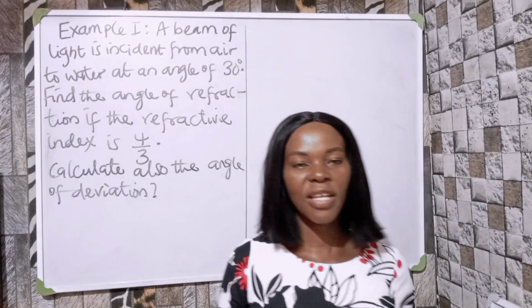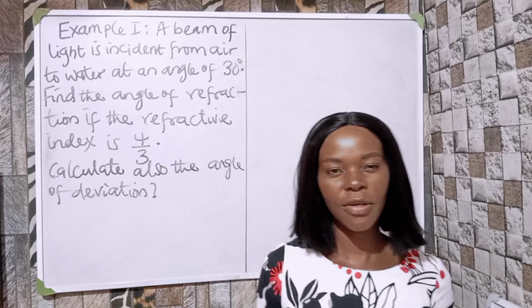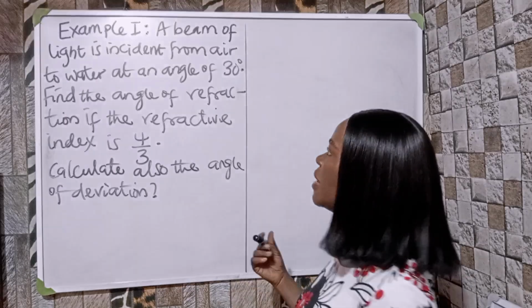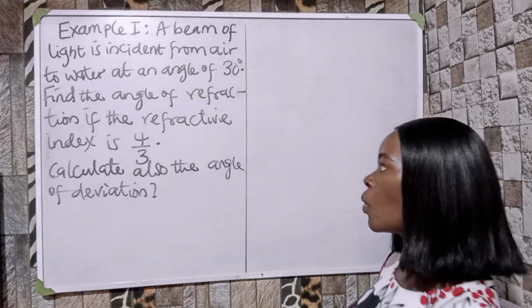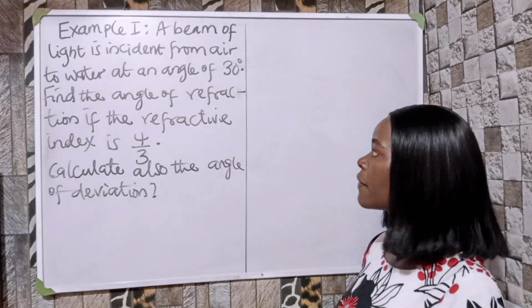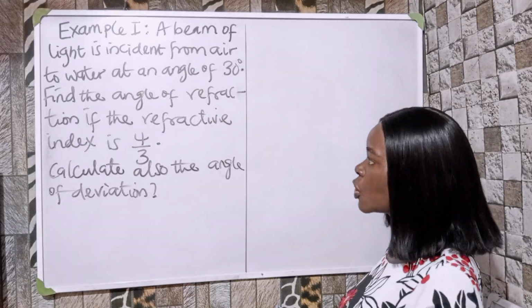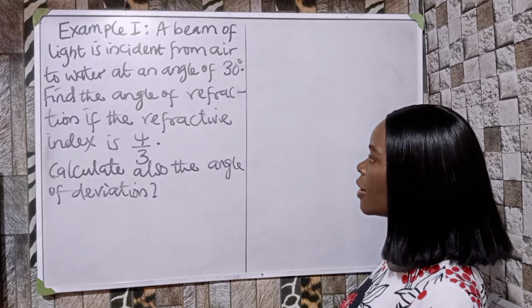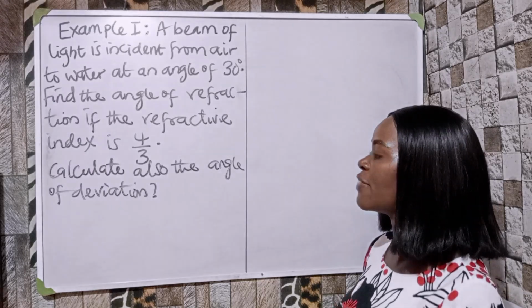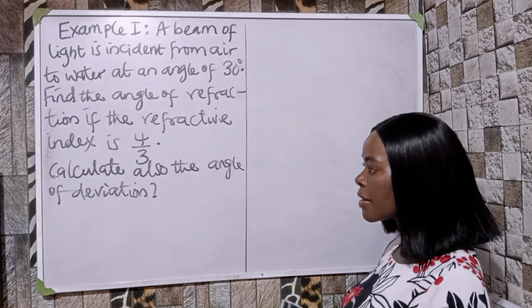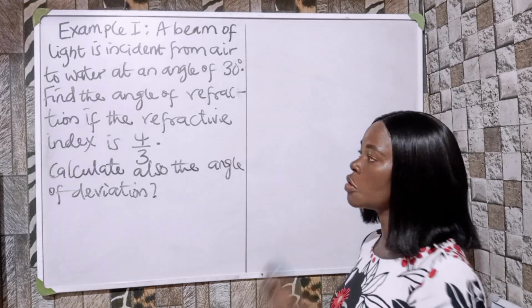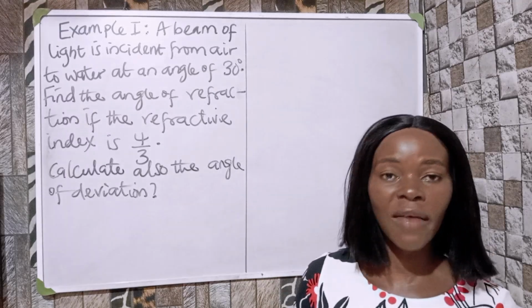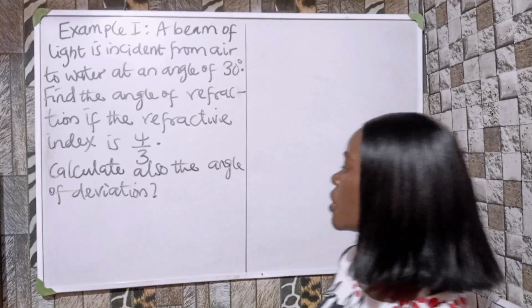So let us look at this problem on the board. A beam of light is incident from air to water at an angle of 30 degrees. Find the angle of refraction if the refractive index is 4/3. Calculate also the angle of deviation. So for us to be able to solve this, we have to state the parameters.